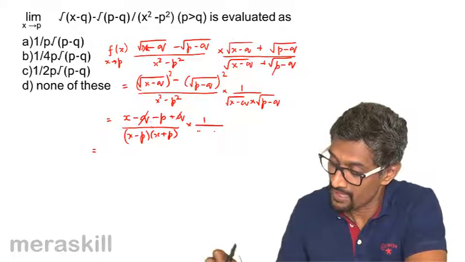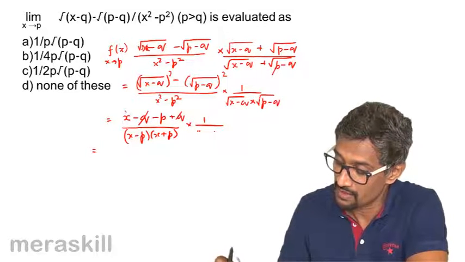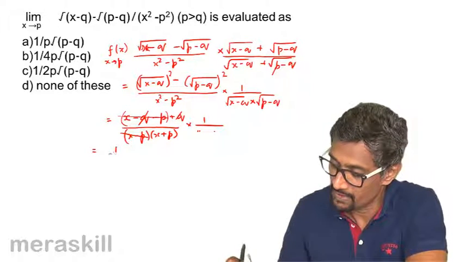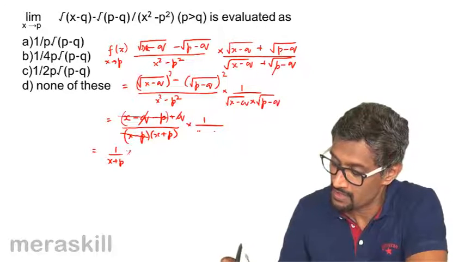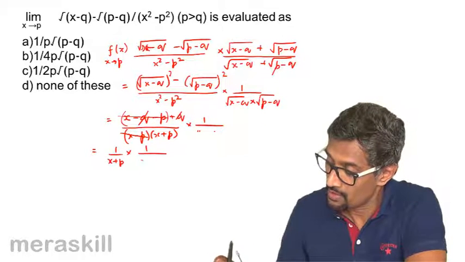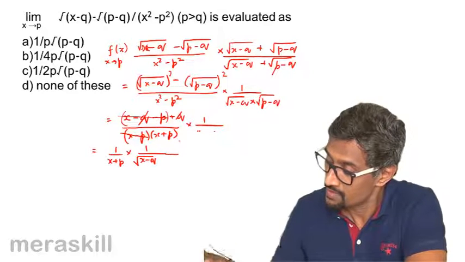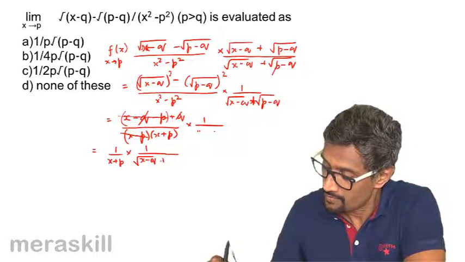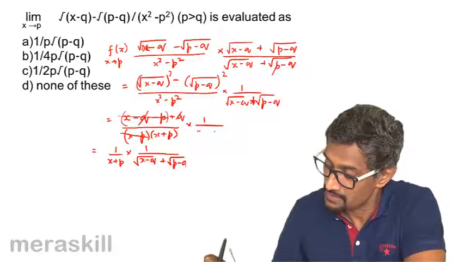Now this term and this get cancelled, hence you end up getting 1 upon x plus p into 1 upon root x minus q, sorry, this is plus root p minus q.